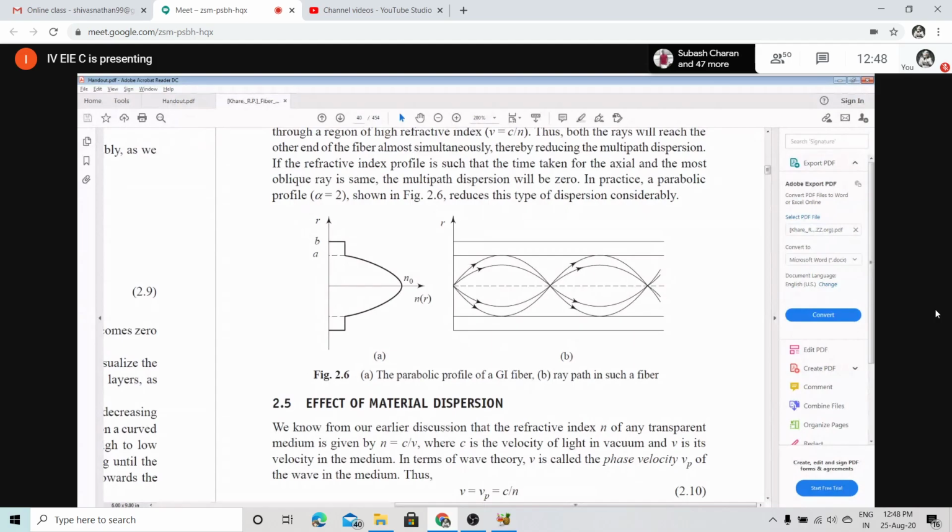Now the next concept we are going to study is the emission of light rays from photonic sources. To understand photonic sources, we first need some knowledge about semiconductors. You might have studied semiconductors.